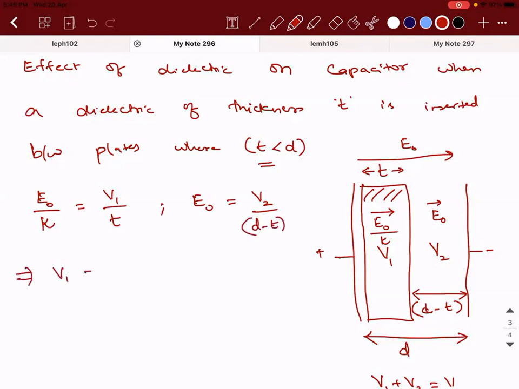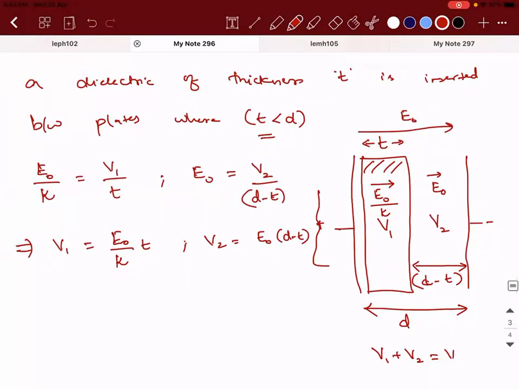Which implies V1 is equal to E naught divided by kappa into T, and V2 is equal to E naught into D minus T. Observe it. I'll give you some time. Is that clear? But what is V equal to, guys? V1 plus V2. So V1 plus V2 is going to be E naught by kappa into T plus E naught into D minus T.